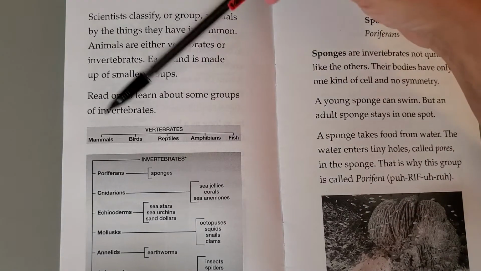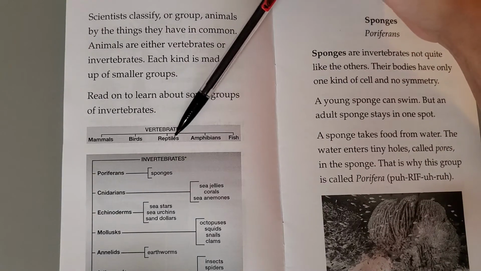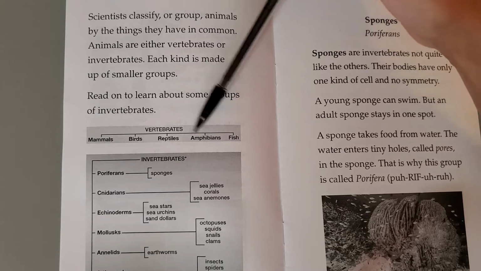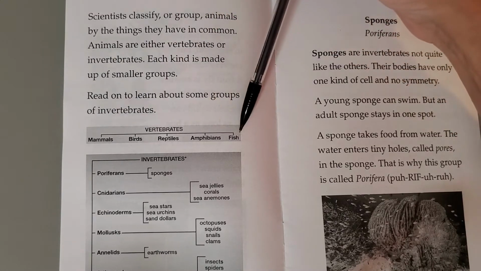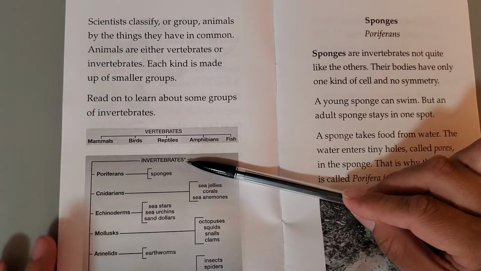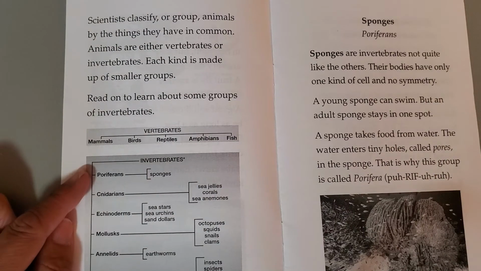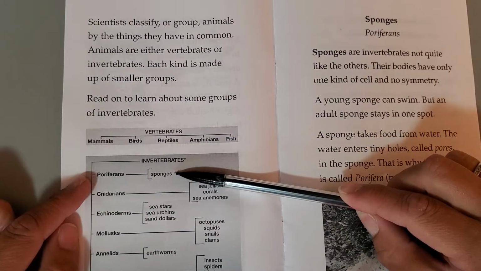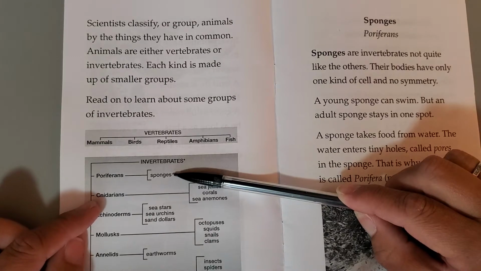So vertebrates are mammals, birds, reptiles, amphibians, and fish. And all of those categories have bones. Okay. But invertebrates, and I will admit I had to look up how to pronounce one of these. The poriferans are sponges.